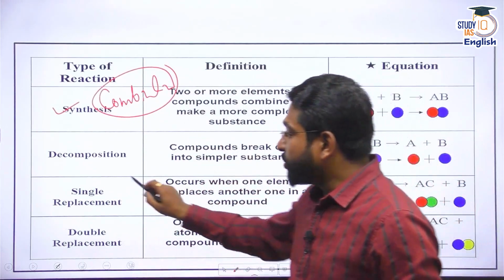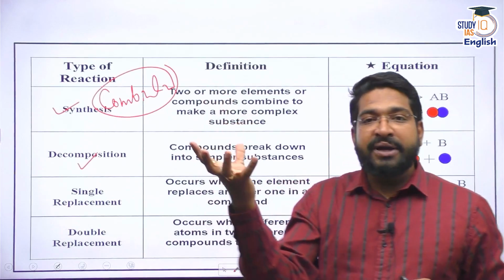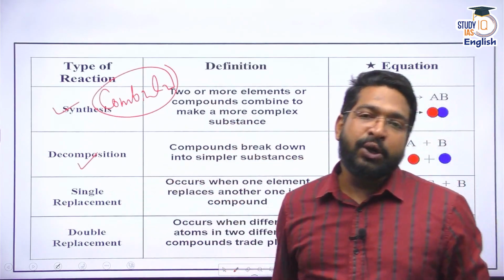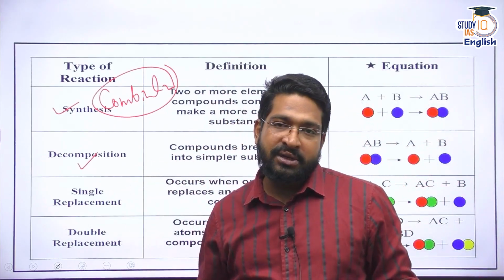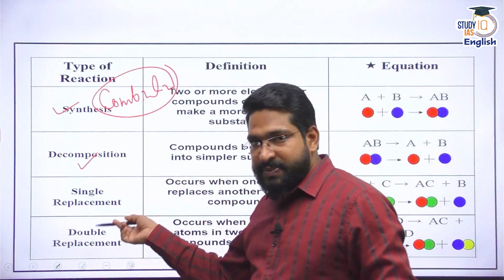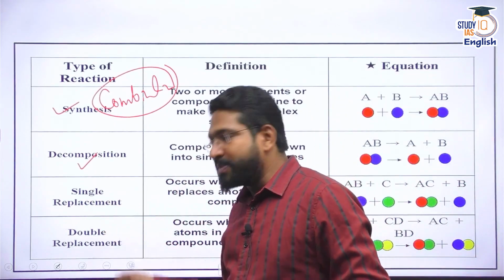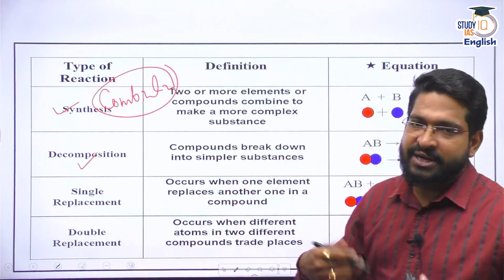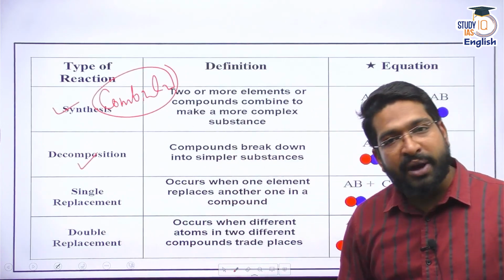Another reaction is decomposition, meaning one particular compound breaks down into its constituents or different other molecules. Then there is a reaction of single displacement or single replacement and double displacement or double replacement. Let's try to understand these reactions one by one.